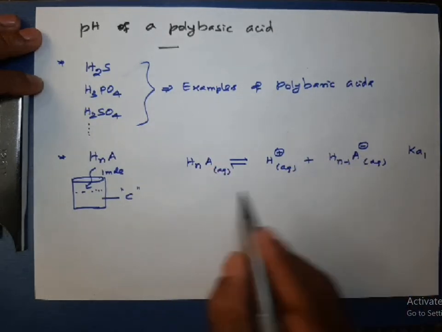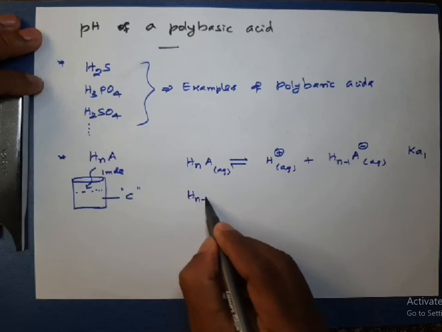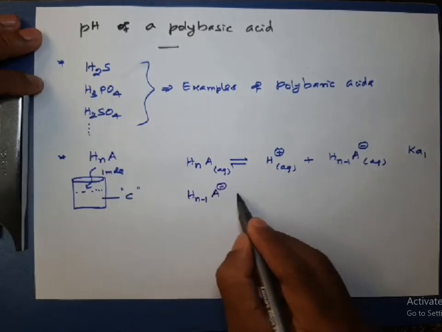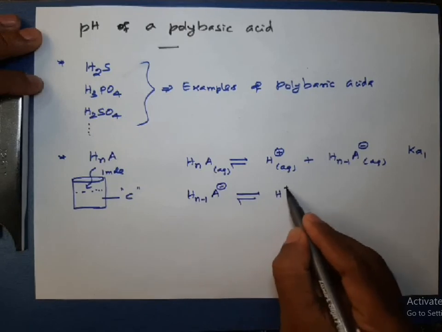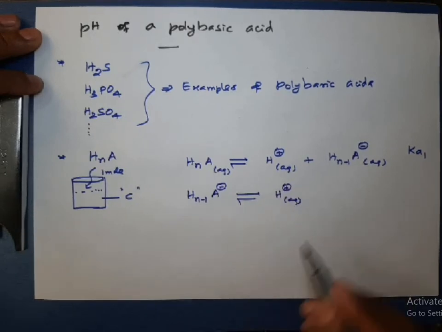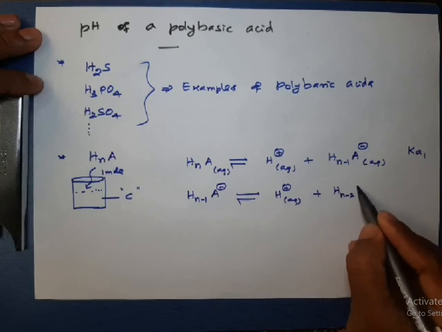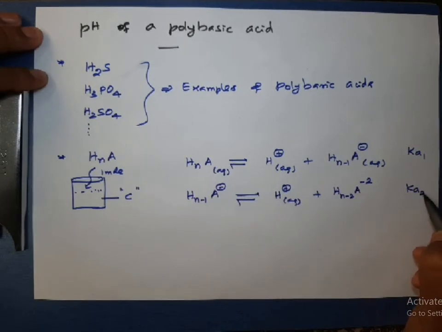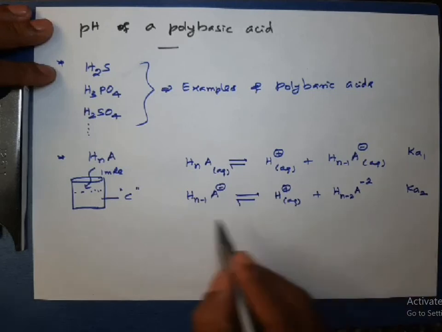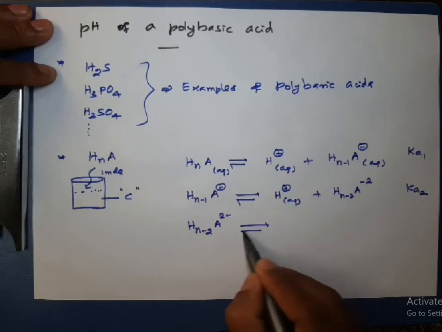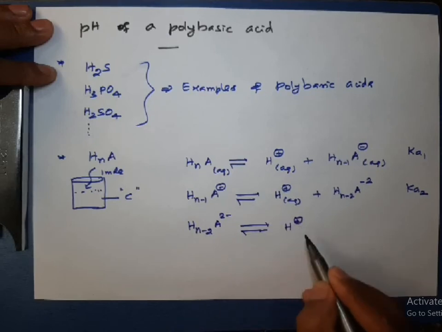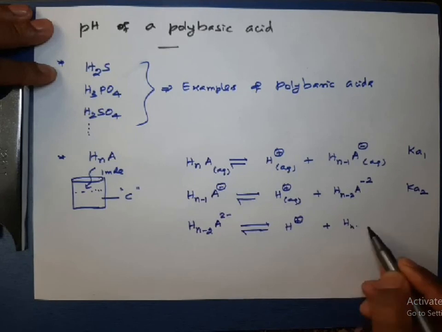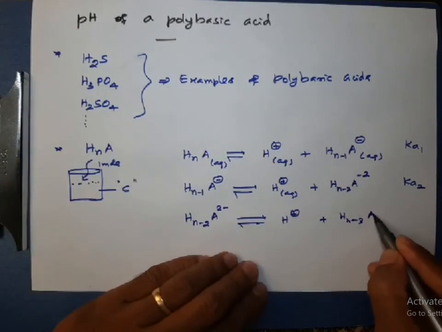Then this anion, Hn-1A-, will undergo further ionization. It will donate another H+ and form the Hn-2A2- ion. For this step let the ionization constant be Ka2. Like this, the Hn-2A2- ion will donate another H+ and form the Hn-3A3- ion.